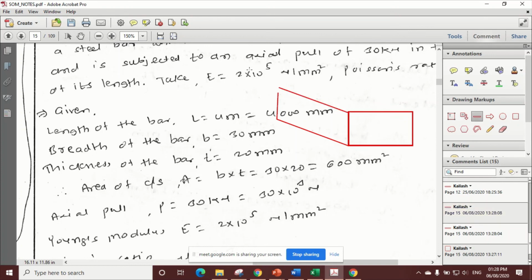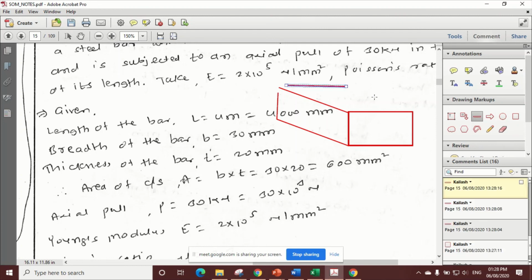It is a rectangular block and we apply the load along the length. So load is applied along this direction. So this is the direction of the application of the load.